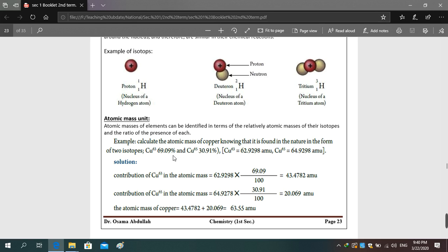To solve this problem, we have to multiply the atomic mass of each isotope by its percent.